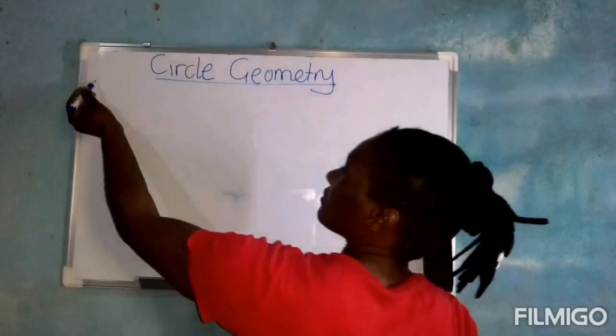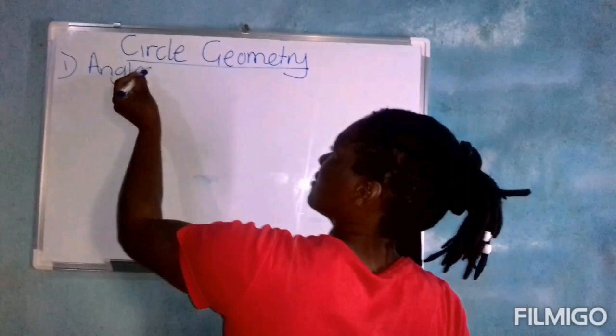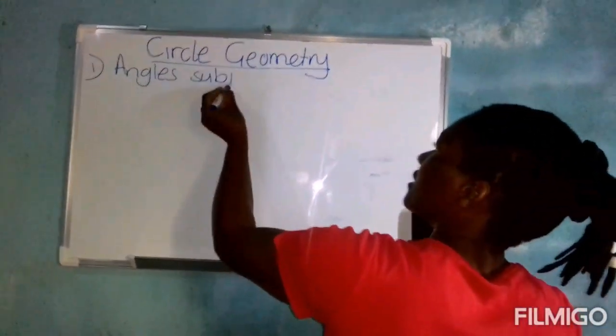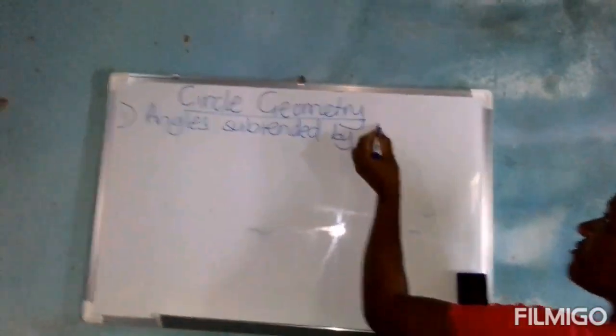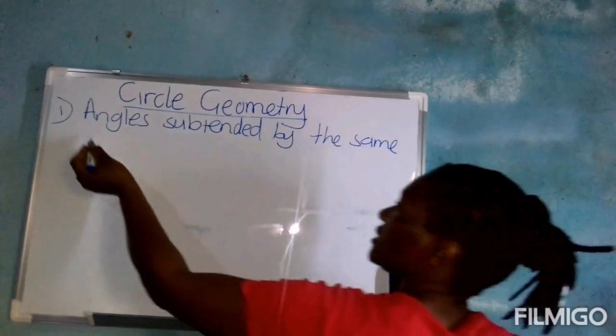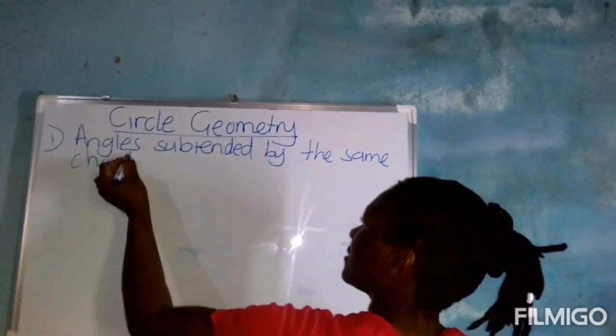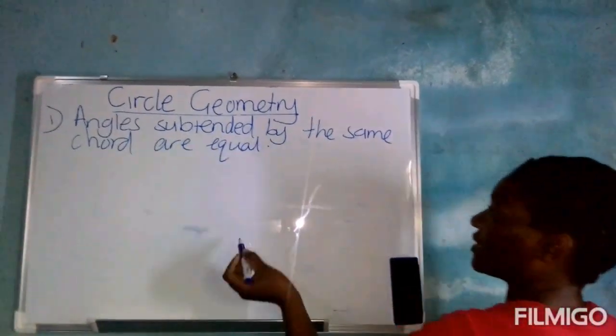The first theorem: angles subtended by the same chord are equal. Right.